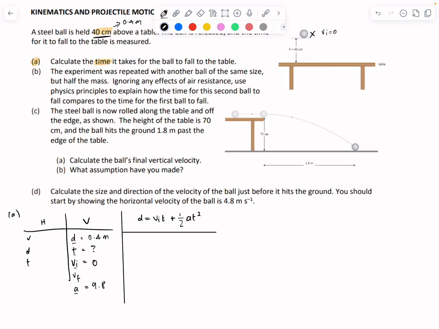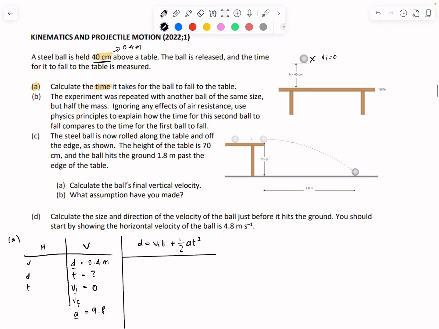Before we go ahead, we need to define our positive and negative vector values. So let's have a look at this diagram as a reference. Remember that our velocity, whatever direction it's going in, whether it's up or down, I suggest that you always define it as a positive value.